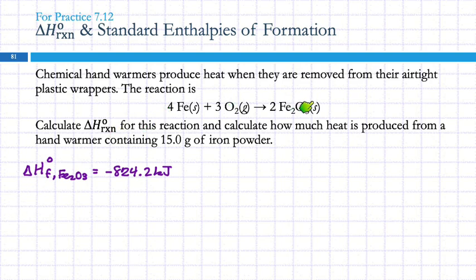So to calculate delta H for this reaction, we're going to take the heats of formation of the products and subtract the heats of formation of the reactants. What are the heats of formation of those reactants? 0.